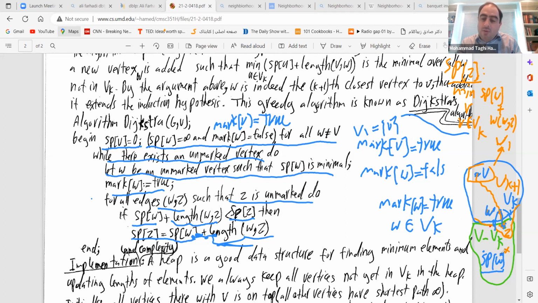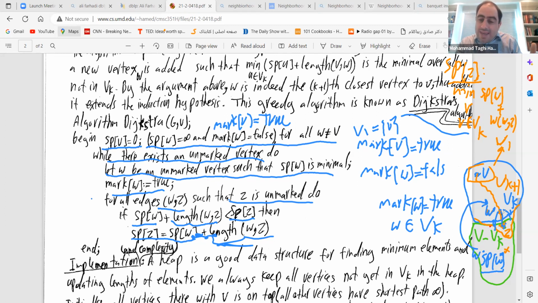In some sense, we are assuming that for those vertices in V minus VK, we already had a good estimate for SP. Among them, we will consider a vertex W that has the minimum estimate for shortest path. That estimate should be the actual shortest path that you can get through VK. We will add this W, since this W is coming from outside to inside.